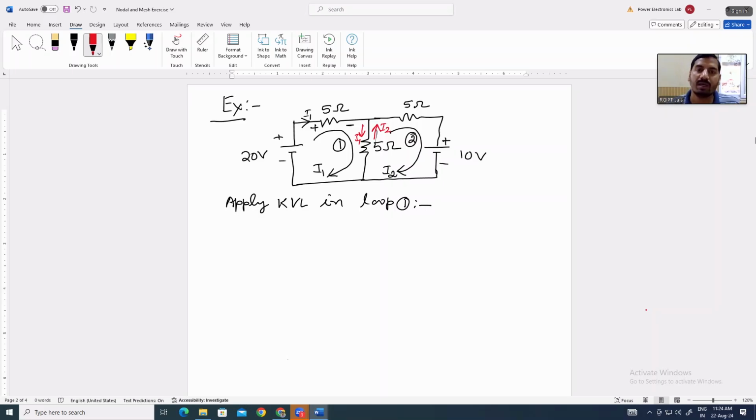The first loop's current is I1, the second loop's current is I2. So the current through this 5 ohm resistance is the difference between these two currents.